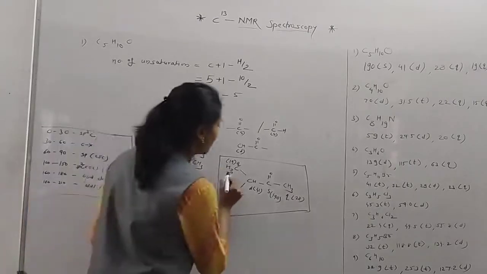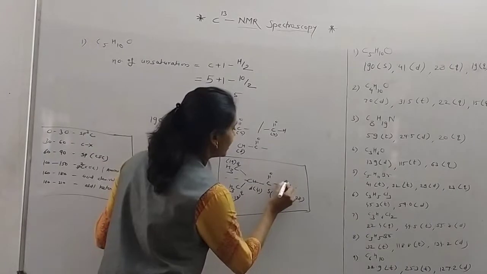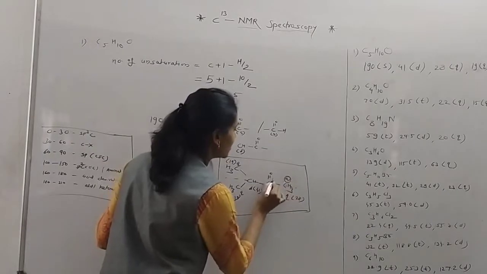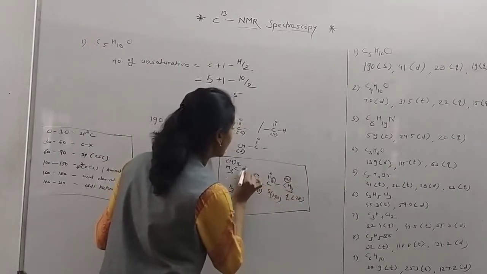When we draw the symmetry, we get A type of signal, B type of signal, C type of signal, and D type of signal.